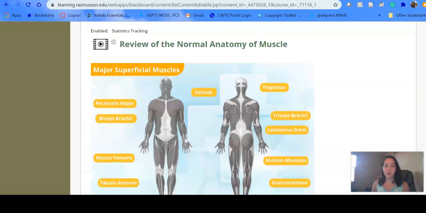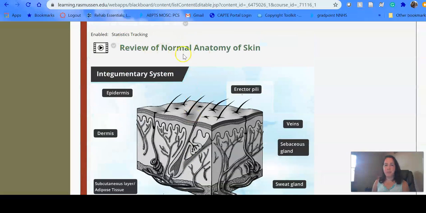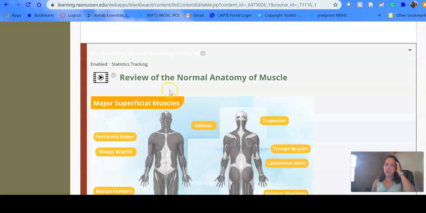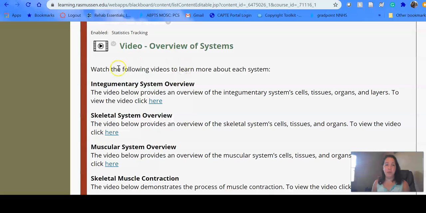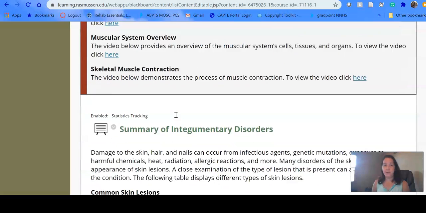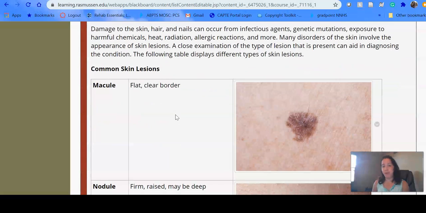Obviously infection control. And then it goes into both the integumentary system and the musculoskeletal system. There's some information where you can get an overview of normal integumentary anatomy and physiology and normal musculoskeletal anatomy and physiology before you move into an overview of symptoms right there before you get into abnormalities.